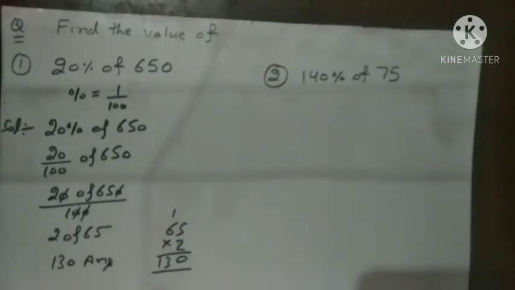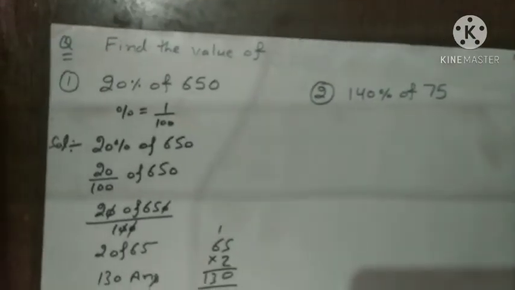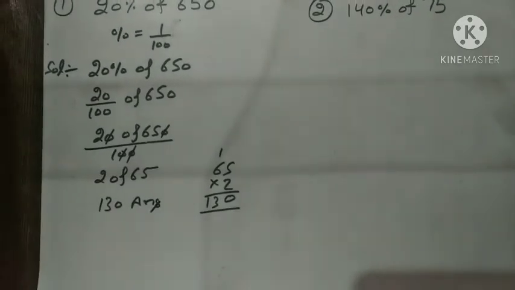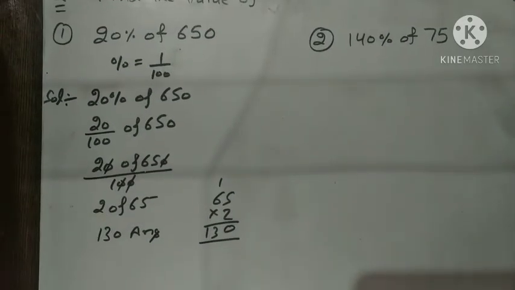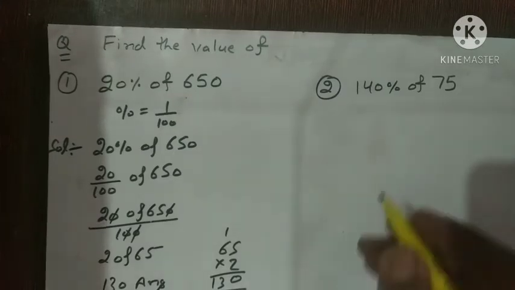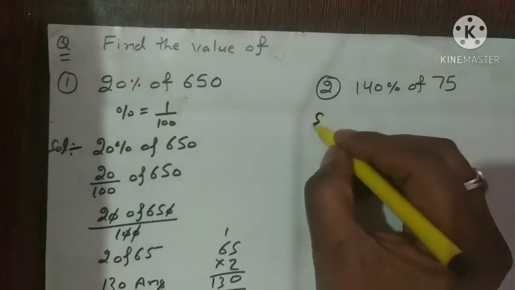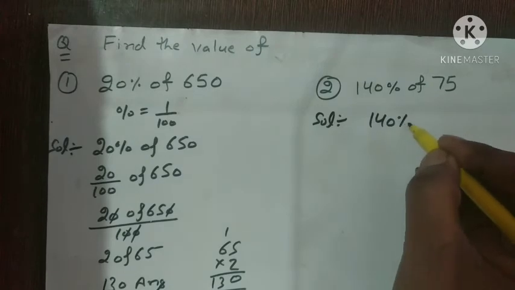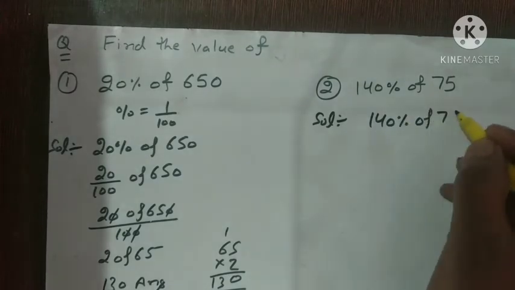Now we are on the second question. Here you see, 140% of 75. It means 140% of 75.